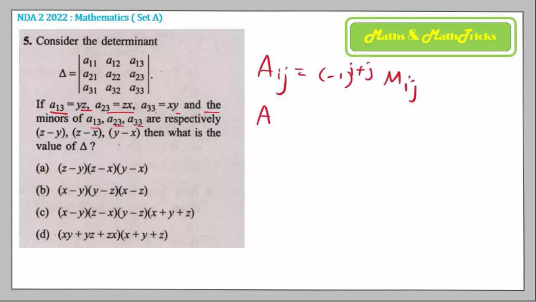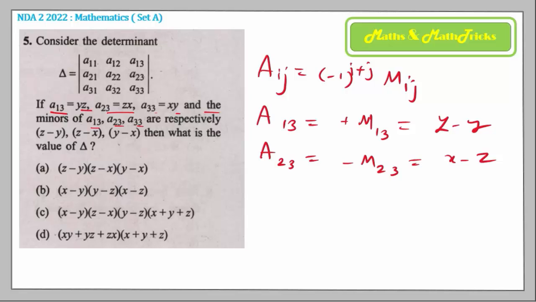So accordingly, capital A13 will be plus M13, which is Z minus Y. Then capital A23 will be minus M23, which is X minus Z, right? And capital A33 will be the same as M33, which is given to be Y minus X.